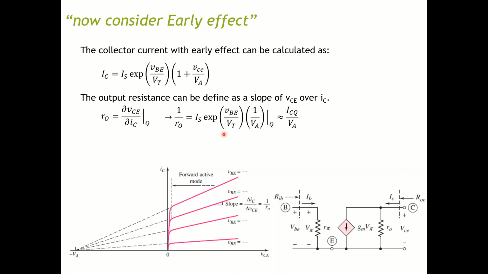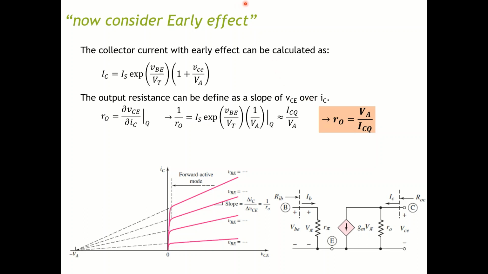So I'm going to cheat a little bit, and we can write the slope 1 over RO as IC over VA. So finally we have 1 over RO equal to IC over VA.